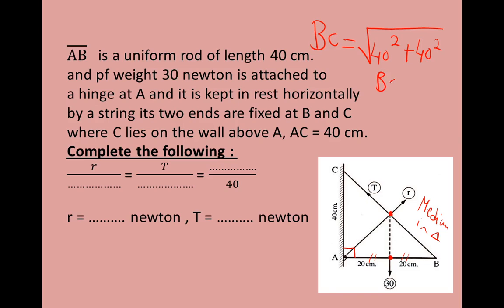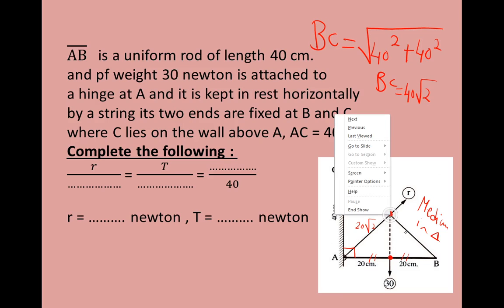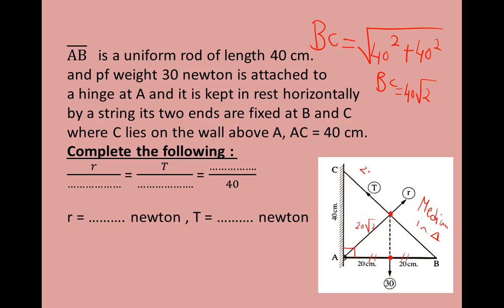Therefore, BC equals 40 root 2. Then the length of the median equals half BC equals 20 root 2. Also, this is the midpoint of BC. Therefore, this line segment equals 20 root 2 and here 20 root 2.